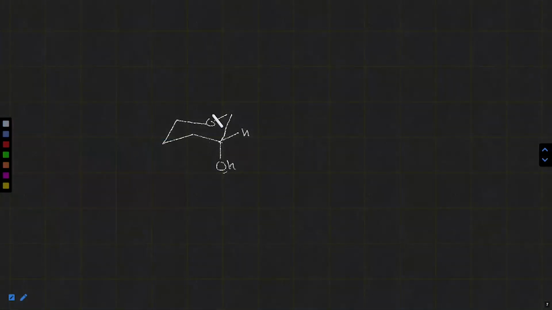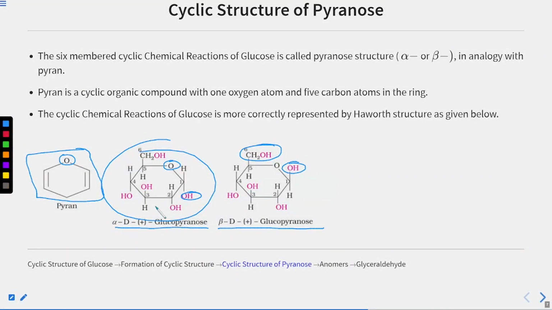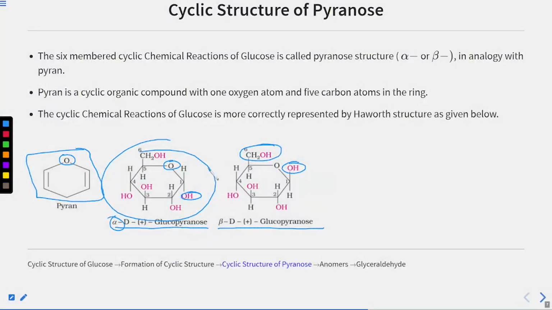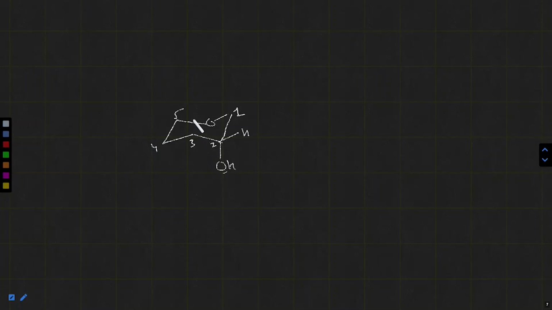Then on this position we have OH and H here. This is the first position, this is the second position, this is the third one, fourth one, fifth one. Now at the fifth position we have the CH2OH.